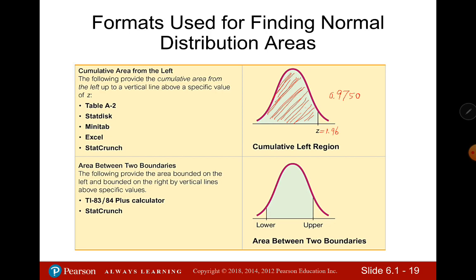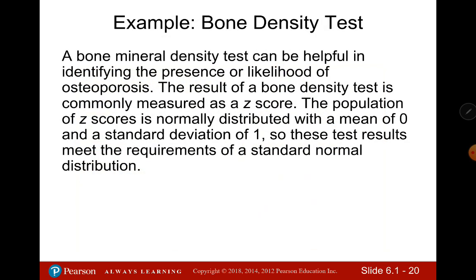Of course, we can also find the area between two z-scores. We only need to check the corresponding area, then find the difference. We will find the area between two boundaries. We will talk about it later.